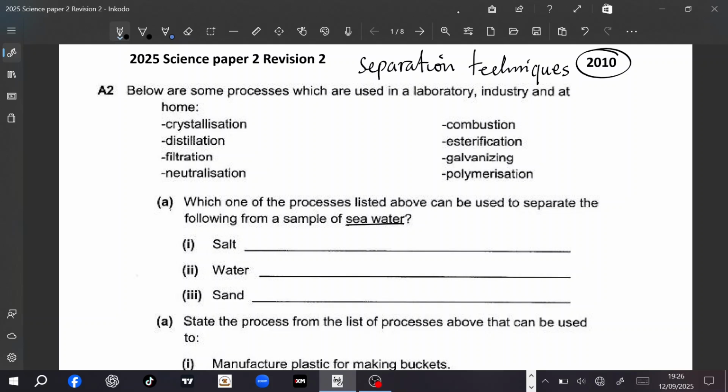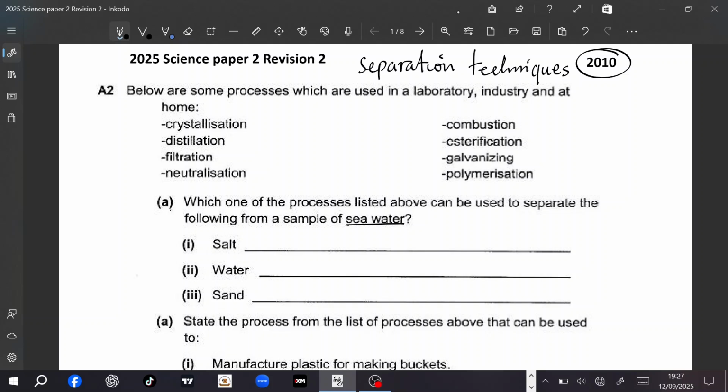These could be solubility, boiling and melting points, density, and magnetism.